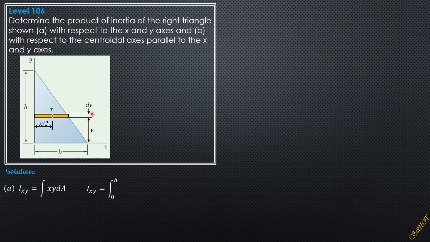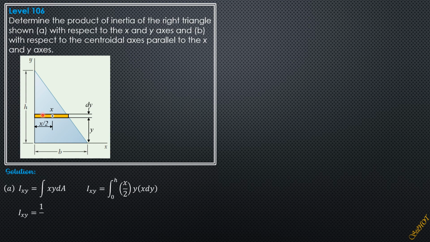So Ixy equals integral of quantity x over 2 times y times x dy. The variable of integration again is y, that's why the limits would be from 0 to h. Then we express x in terms of y by similar triangles. This is h minus y. So we have x is to h minus y as b is to h.